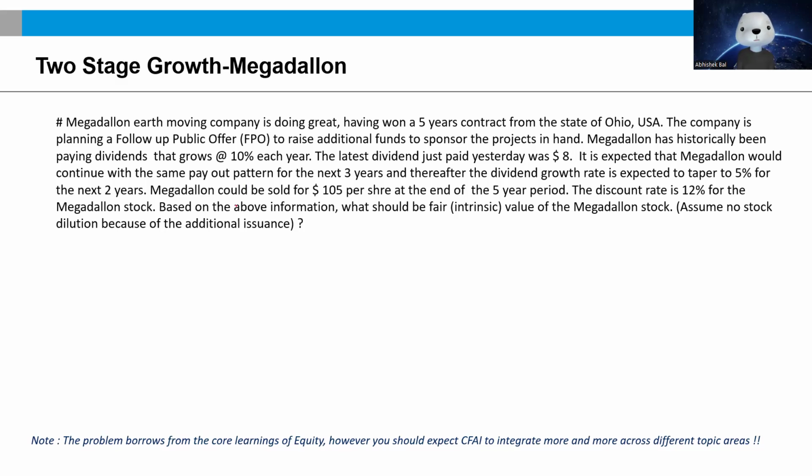All right, so let's again draw our timelines. That's the gospel. So we are talking about a 5-year period. It's paying a dividend.